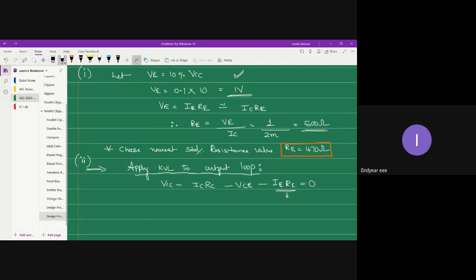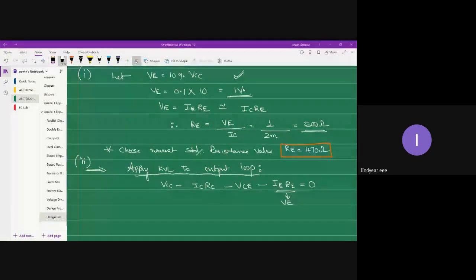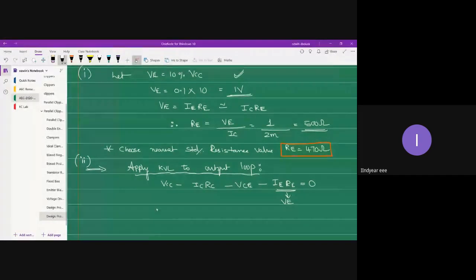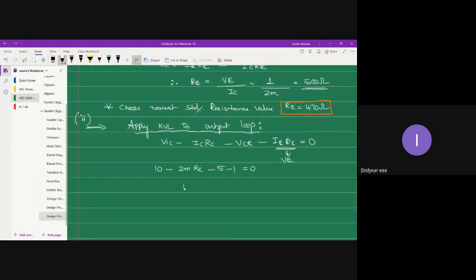IE into RE is your VE, and VE is 1 volt. So you can write 10 minus 2 milli into RC minus 5 minus 1 is equal to 0. Or you can write RC is equal to 10 minus 5 minus 1 divided by 2 milli. How much will you get?